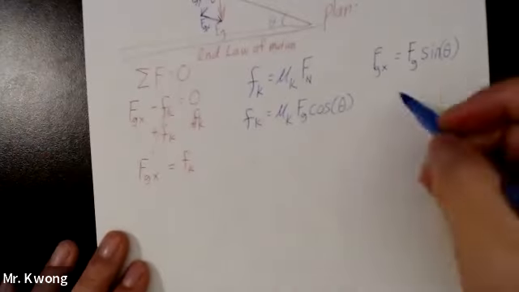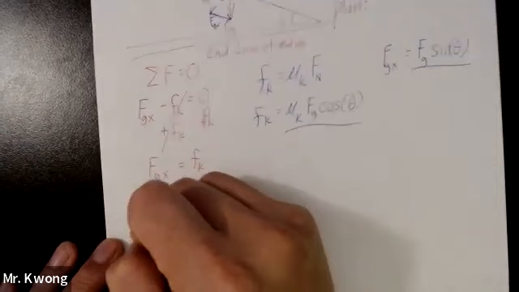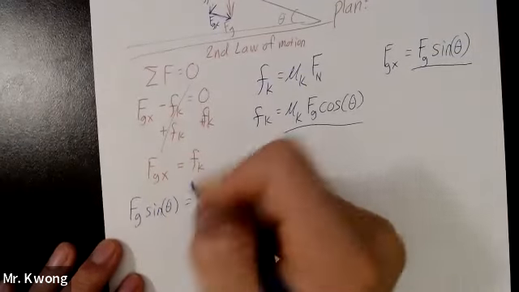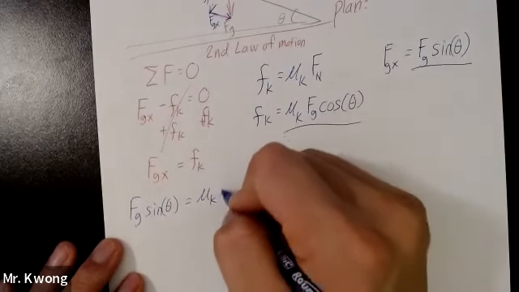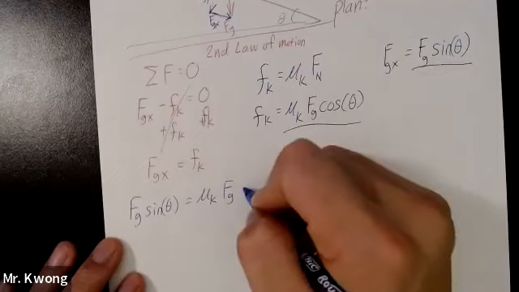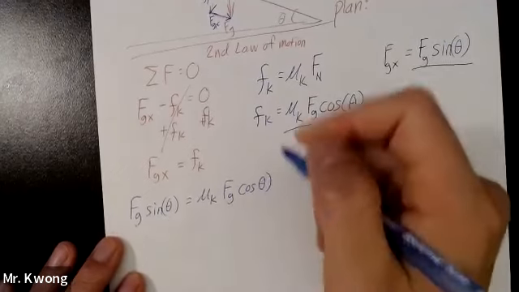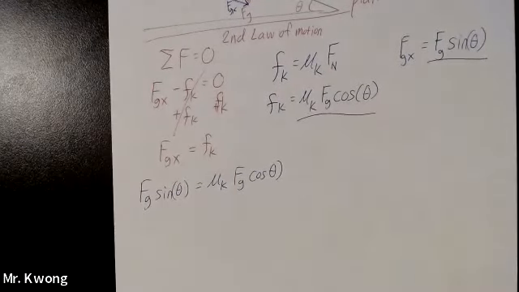If we take these two expressions and say the force of gravity times the sine of theta equals the coefficient of kinetic friction times the force of gravity times cosine of theta, what happens to the force of gravity, mathematically speaking?